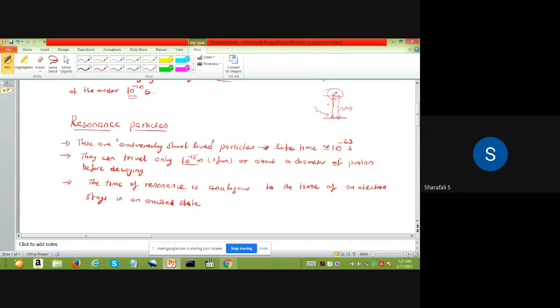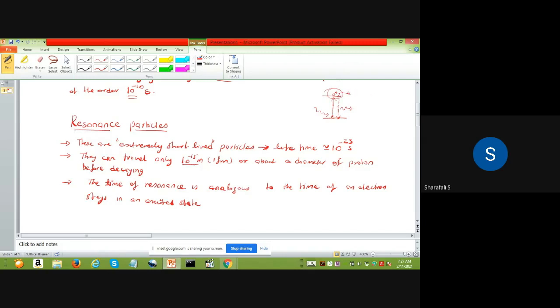So the electron being in the excited state is similar, or analogous, to this resonance. The particle will be in some state before it decays, like the excited state of an electron.